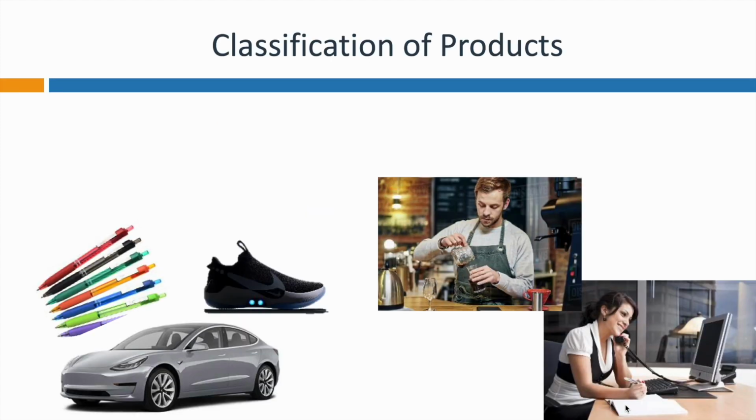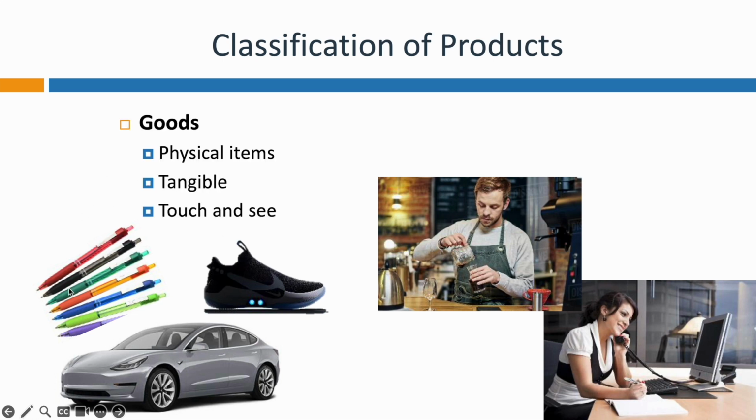Products are classified further into the things that you see on the left, which are tangible things. These are the goods. They're physical items. You can touch them, you can see them. The key word here is tangible. And on the right side, we have services, and these are intangible products.